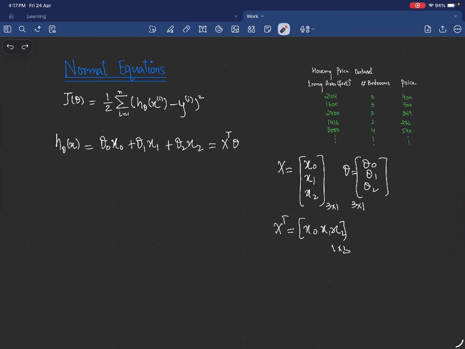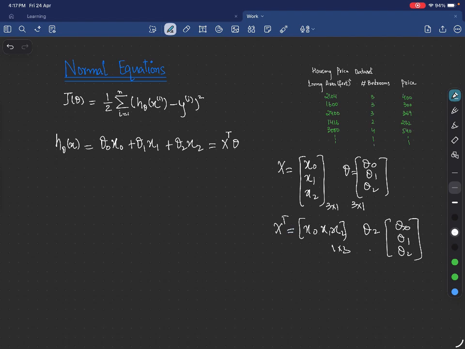Now let's multiply these. This is a 3 cross 1 matrix now. The resulting matrix will be a 1 cross 1 matrix. That means it will have one row and one column. So how do we multiply these?